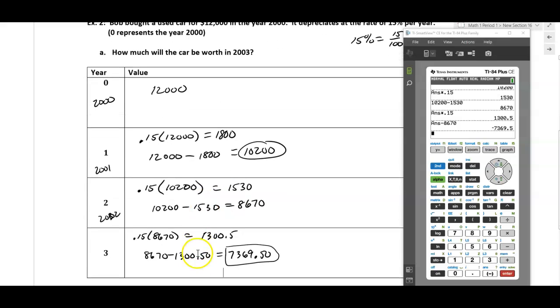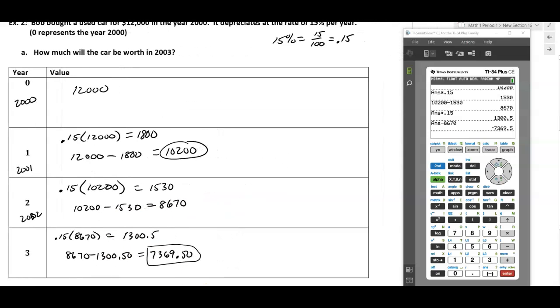The thing here, though, that differs between exponential growth and decay is how can I get straight to these values, right, without having to multiply by the percent and then subtract? Well, here's the thing. When it's going down 15% per year, what percent of the value is it holding?